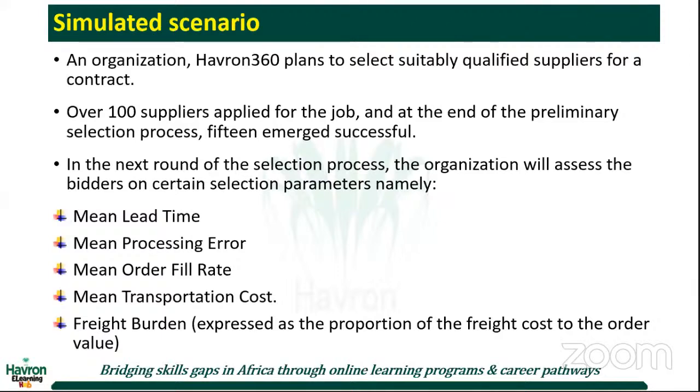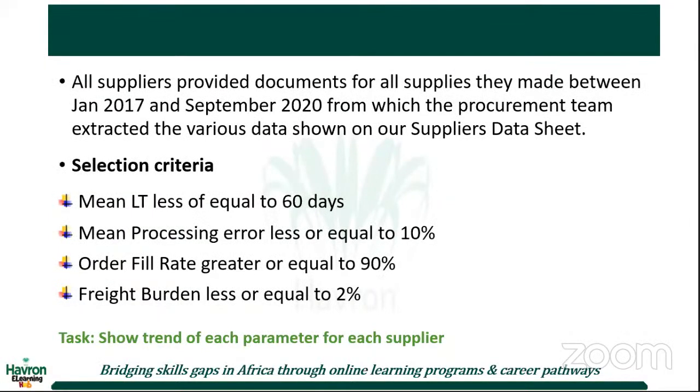So the freight burden is going to be what is the cost of the burden proportionate to the order, and that is to be 1 over the order. Okay, so that's what we'll be looking at. This is what the company wants to use and judge the 100 suppliers, the 15 suppliers that eventually came up.